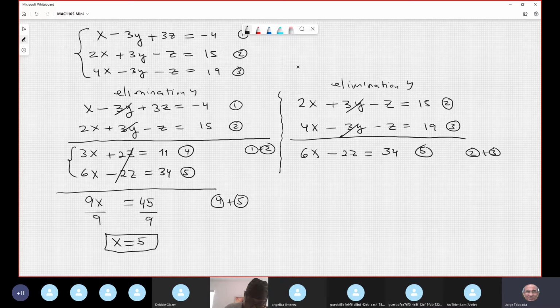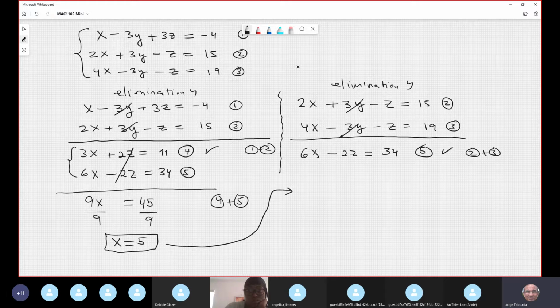To find the rest, do we come back to the original equation? No. Why not? Because the original equation contains 3 unknowns. I have only x in my hand. Therefore, I propose you go to equation 4 or equation 5 in order to find z, since I have x in my hand. In my paper, I select equation 4 because I like it. I don't know, there is no special reason.